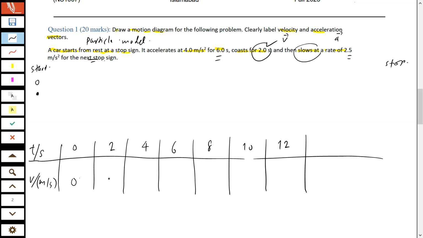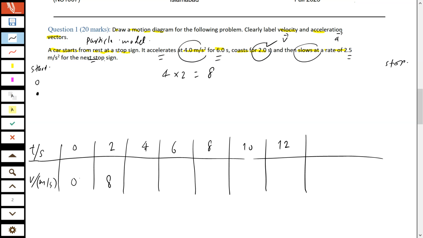Now, what value should I write here? I know the acceleration and it's a constant acceleration. So the time interval is 2 seconds. So I can simply multiply 4 by 2 and I'll get 8. So it means that after 2 seconds, the speed will be 8 meters per second.